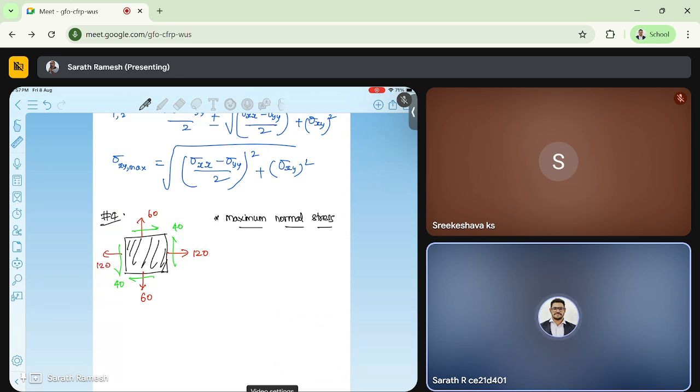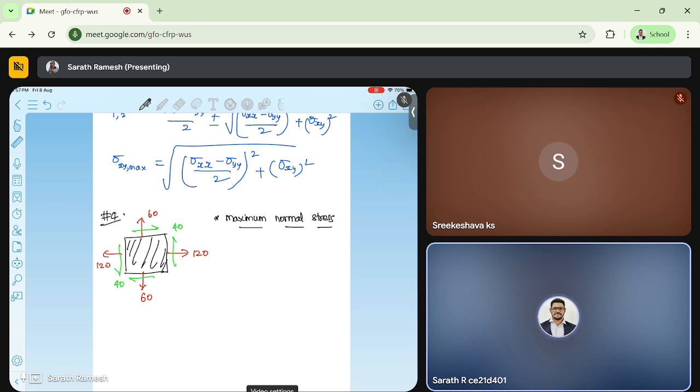It can be due to a load acting over it, due to a support, a spring support, a hinge support, a roller support, or anything. Now we are only interested in the maximum stresses. Why? Because for design purposes, we will only take the maximum value and move forward with the design. So which one will be the maximum value? The principal stresses will be the maximum value, right?